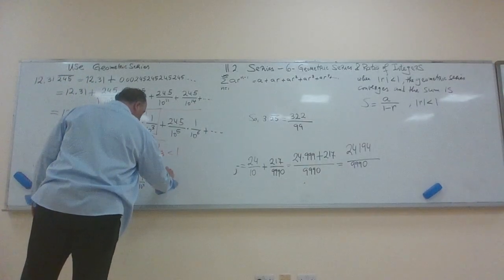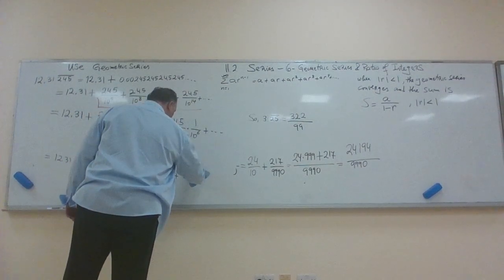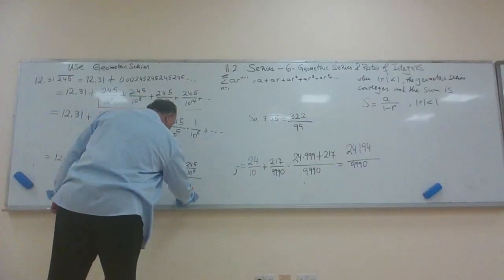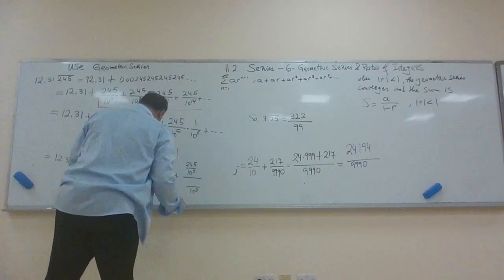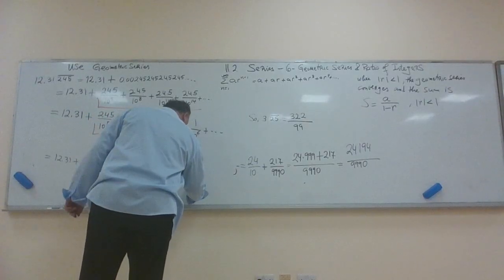So now it's a little bit more complicated. 245 over 10 to the power 5. Here I'll have 10 to the power 3 downstairs, and it will be 1000 minus 1, which is 999.